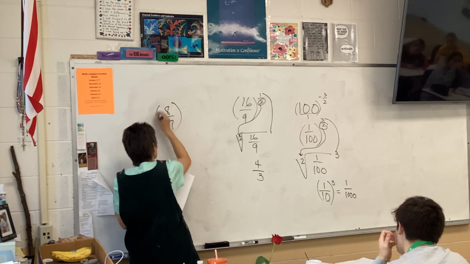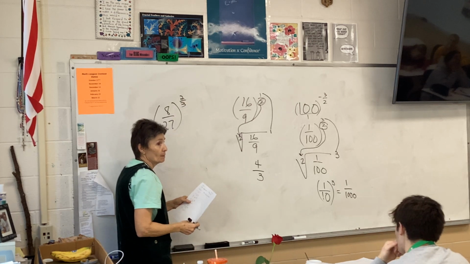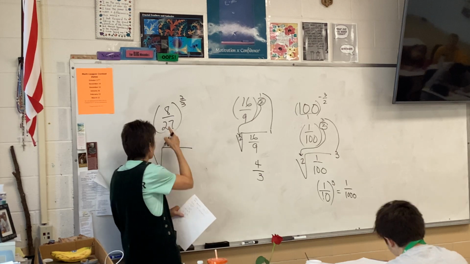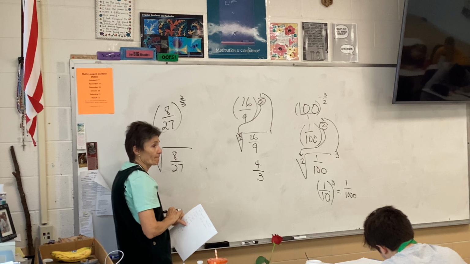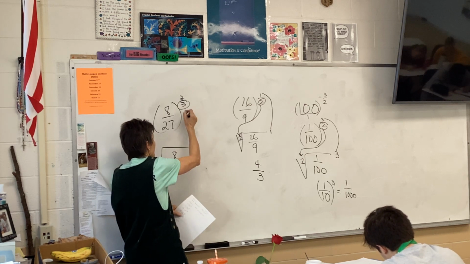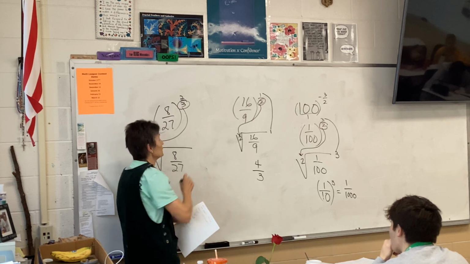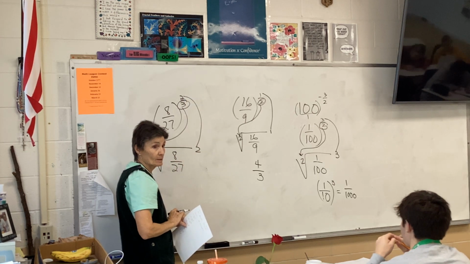8/27 to the 2/3. Now, it isn't negative, but it is a fraction. Gotta have a radical. And under the radical will be 8/27. This time, I am going to cube root it and then square it.